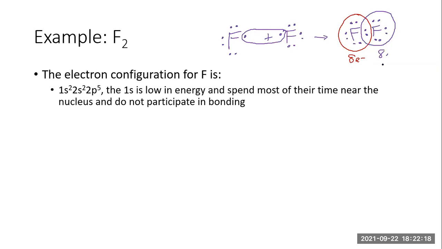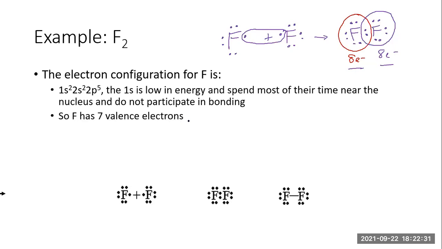And again, 8 valence electrons now allows each of these fluorines to reach noble gas configuration and be very happy, and a good bond is formed. Again, you could show it with dots, or you could show those electrons with a line that represents the sharing of electrons. Either one is perfectly fine. Personally, I go with the line, but if you want to do dots for everything, you can. There's nothing really wrong with it.